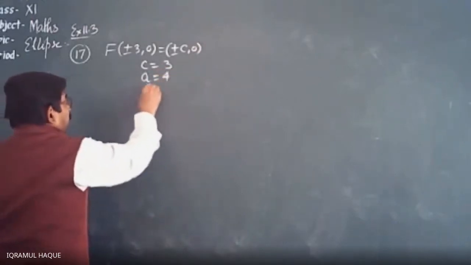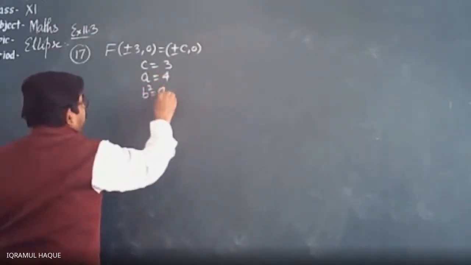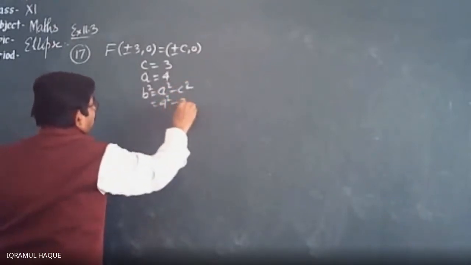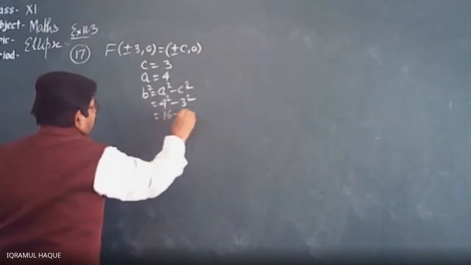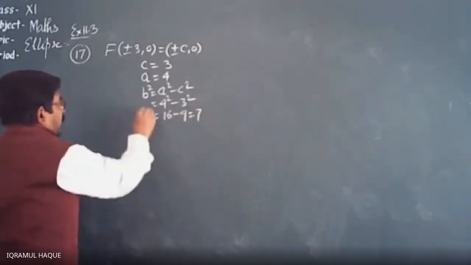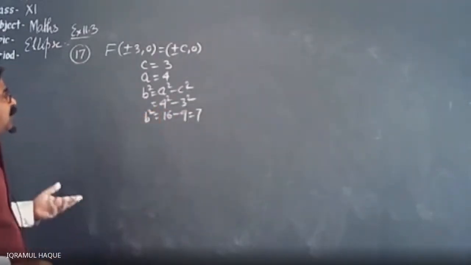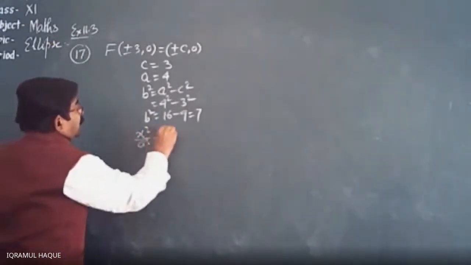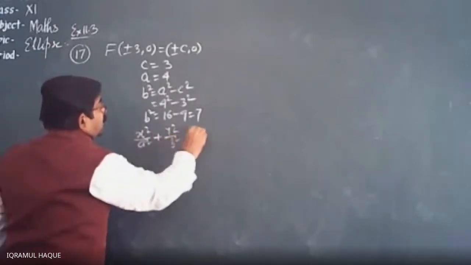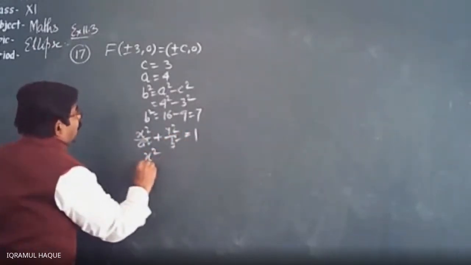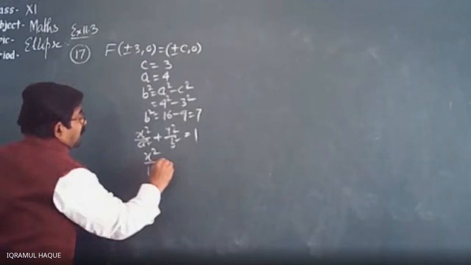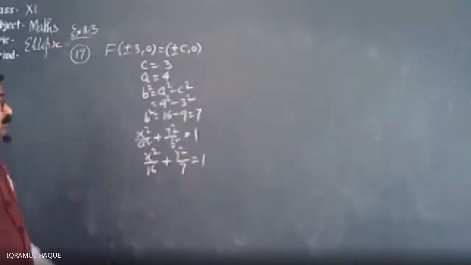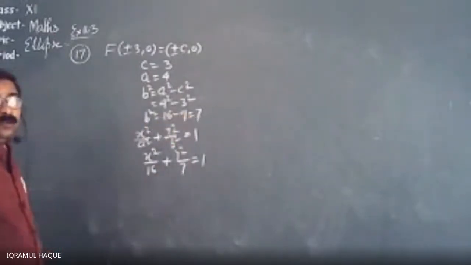Find b. So b square is equal to a square minus c square. This is 4 square minus 3 square, 16 minus 9 is equal to 7. b square is 7. So get the equation: x square upon a square plus y square upon b square is equal to 1. So we have x square upon 16 plus y square upon 7 is equal to 1. So this is the answer.